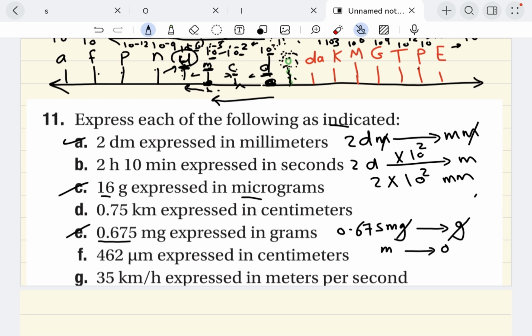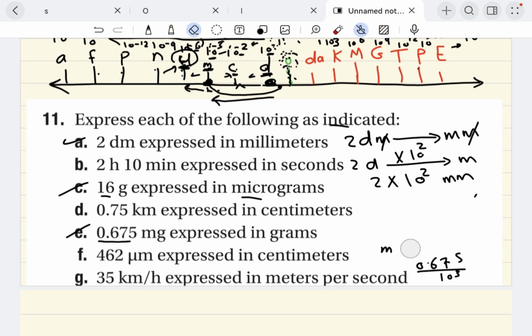Here I have milli, so I have to convert it into 0, so it's from small to big, so I have to divide. From milli, which is minus 3, to 0, it's minus 2, minus 1, 0, 3 numbers, so I have to divide by 10 to the power of 3. So the answer will be 0.675 divided by 10 to the power of 3. Is it clear?